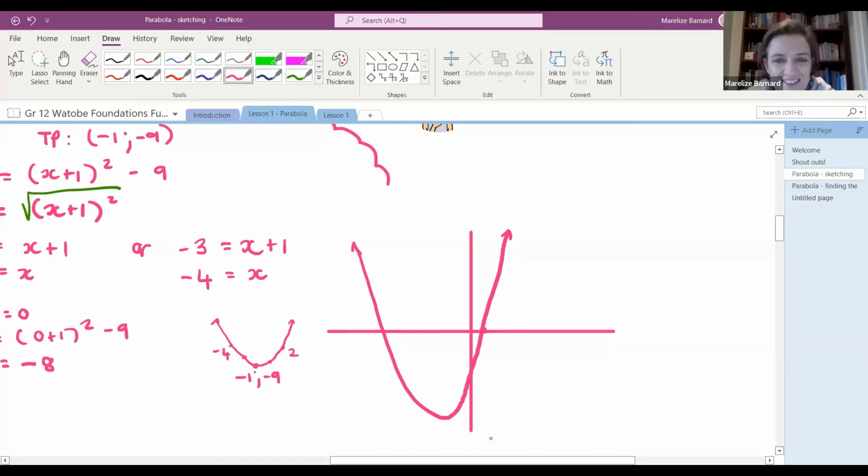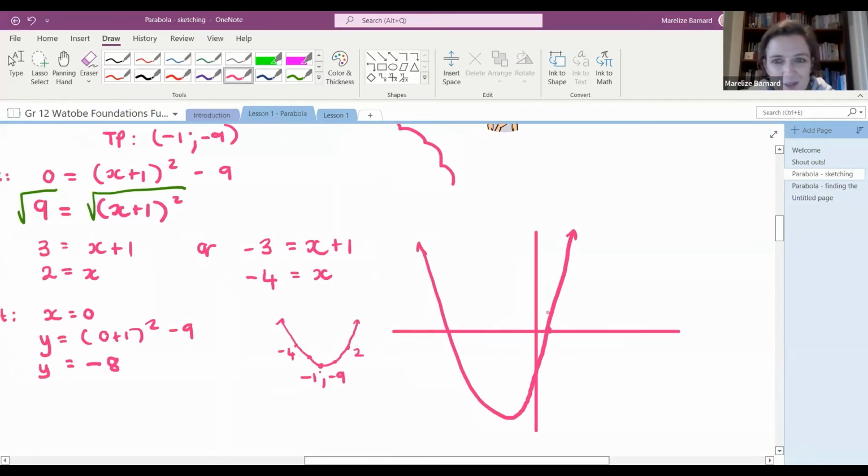So that's going to be x equal to 2. This is -4. This is going to be -1 and -9. And let's put in our axis of symmetry as well. That always goes through the turning point. And just make sure that this point here is -8.